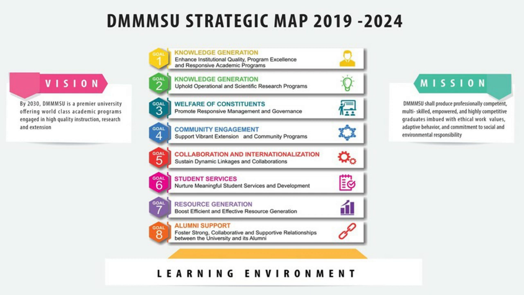Under resource generation is Goal 7, boost efficient and effective resource generation. And for alumni support, we have Goal 8, foster strong, collaborative, and supportive relationships between the university and its alumni. How shall we achieve all our goals?